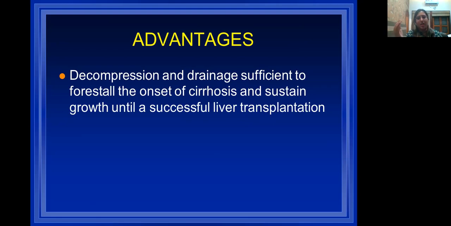As a result, this Kasai procedure leads to decompression and drainage that is sufficient to forestall the onset of cirrhosis and sustain growth until a successful liver transplantation can be done.